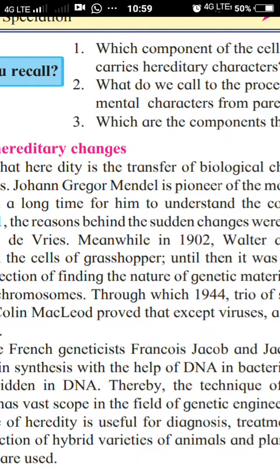Till that time it was not known that chromosomes are present and that they are responsible for the presence of genes, and for the transmission of characters from one generation to another generation.